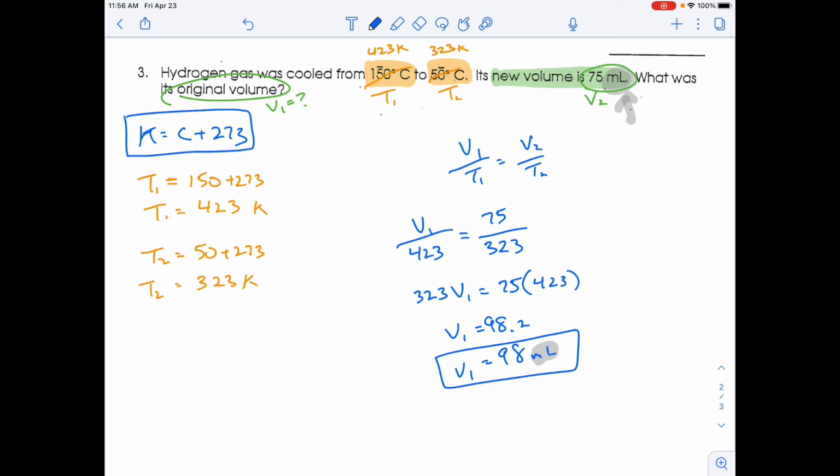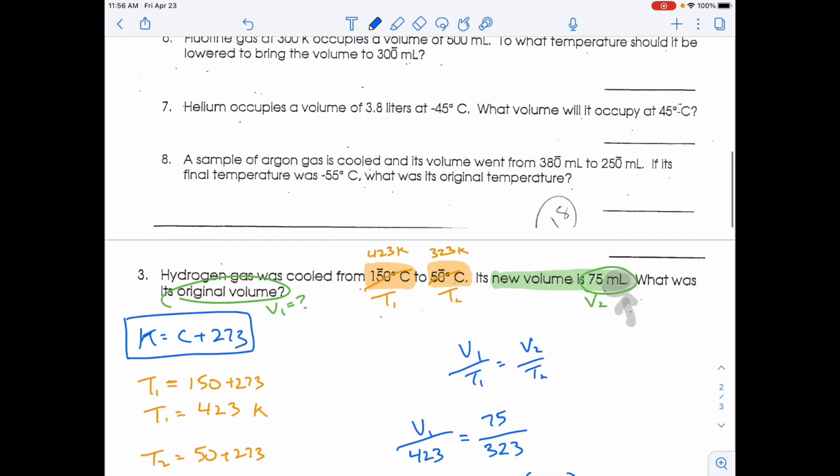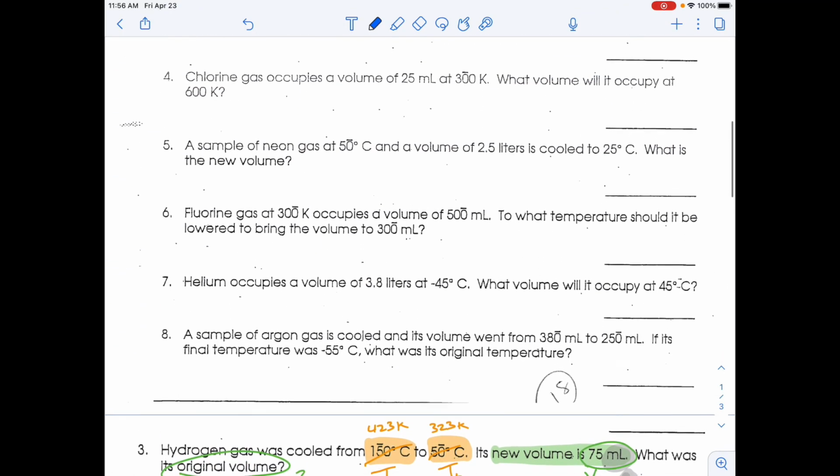And that's it. I mean, I say that's it. You got to convert temperatures first, which is a pain. That is true. And you have to interpret the problem right to know what variables are given and plug them in the right spot in the equation. We can do one more.